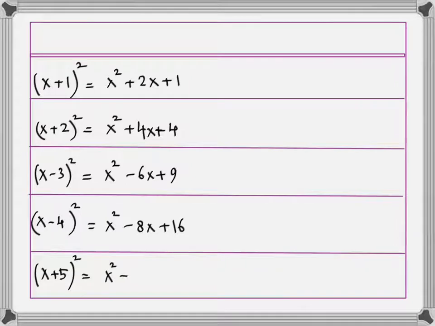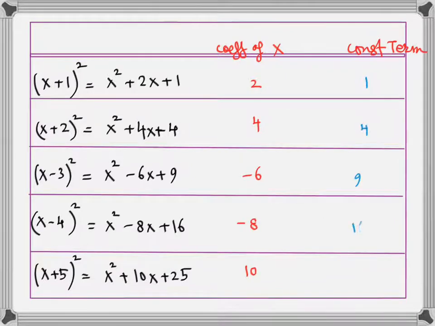We know that a plus b whole square is a square plus 2ab plus b square, and a minus b whole square is a square minus 2ab plus b square. Now what have I done? I made a column for these 5 expansions. I made 2 columns. One column for the coefficient of x and the other column for the constant term.